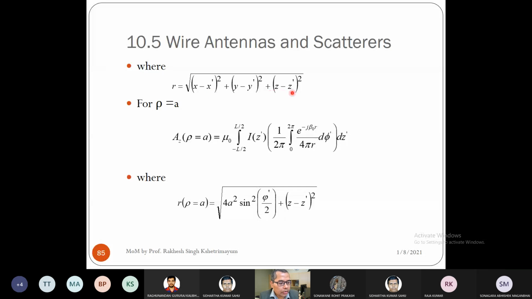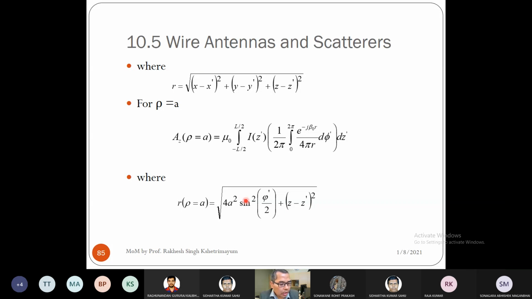You can find the distance between them. For rho equal to a, you can write Az equal to, is it okay? So for rho equal to a, you can find what this R is. You can derive this. So I can just write R as the square root of 4a square sine square phi dash by 2 plus z minus z dash whole square.